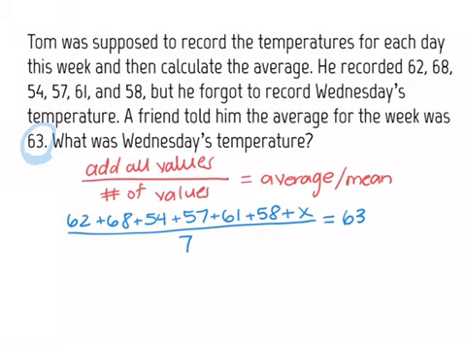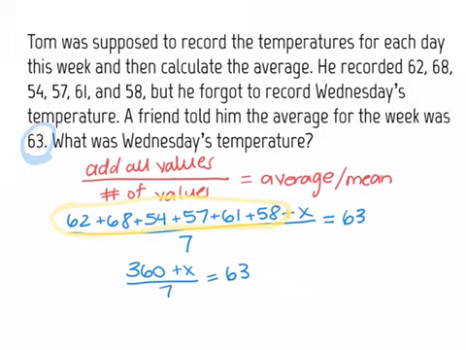So the first thing that I'm going to do is simplify this numerator over here. So I'm going to go ahead and add up all of these 6 values that we do know. And if you add all of those together on your calculator, you should get 360. So we're able to say that 360, we still have the plus X that was up there, over 7 is equal to 63.